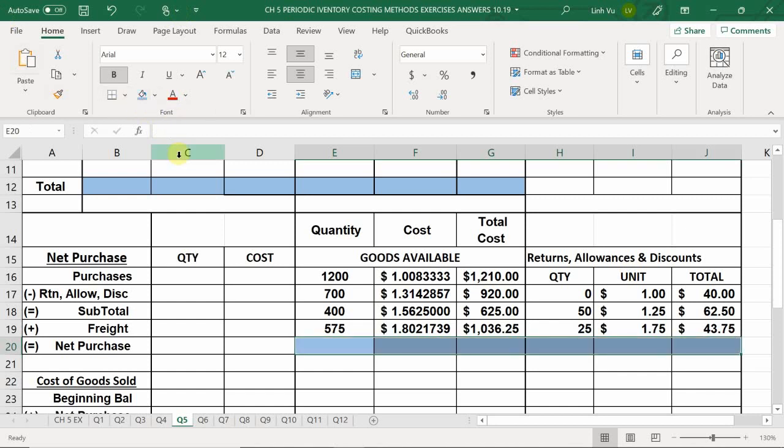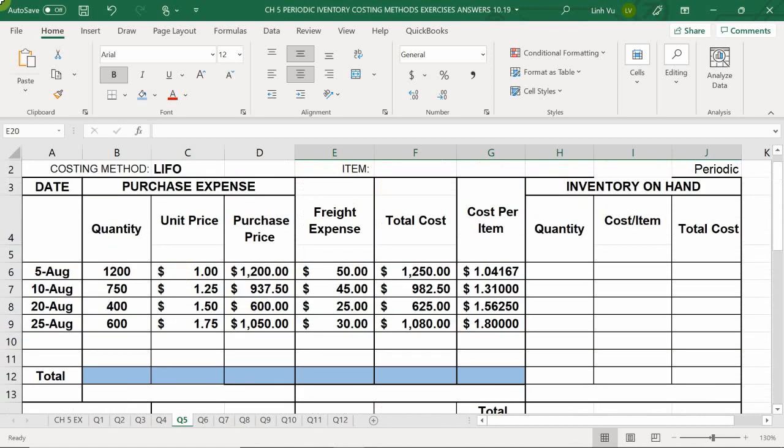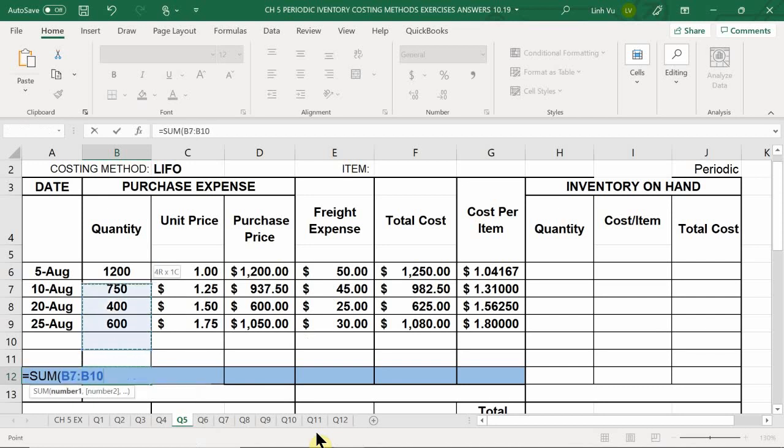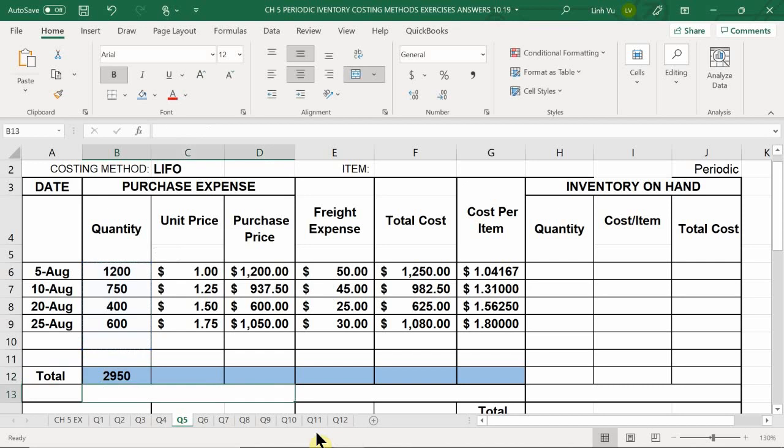Okay, so let's go ahead and tally up our totals. So in this case, what was the total amount of purchases that I made, or quantity? How many units did I purchase? 2,950.